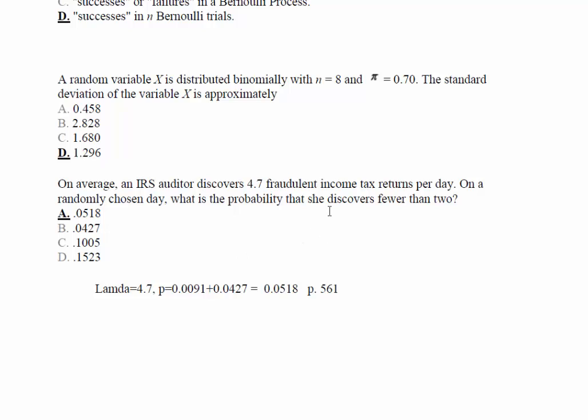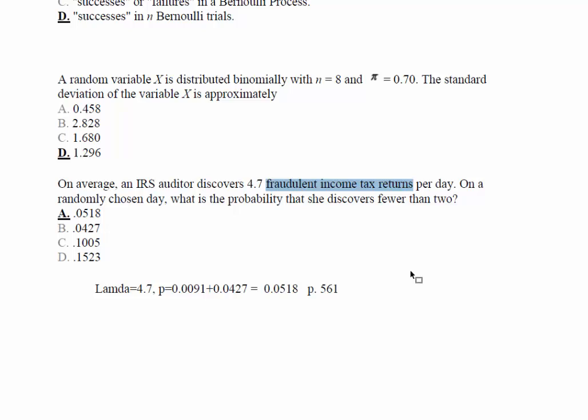If you remember, you can consider these fraudulent income tax returns as arriving at the IRS office, every day. Arrivals in a given time frame follow a Poisson distribution.